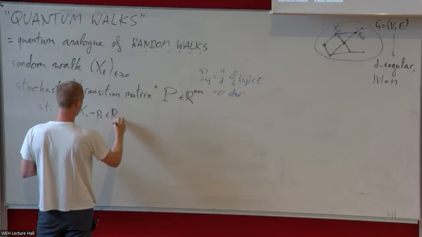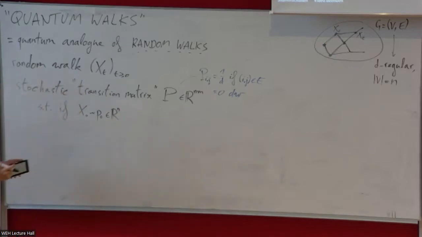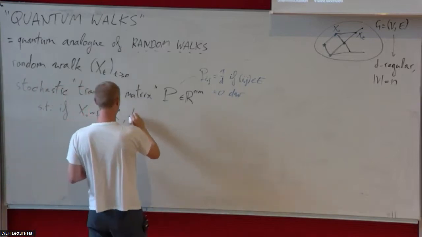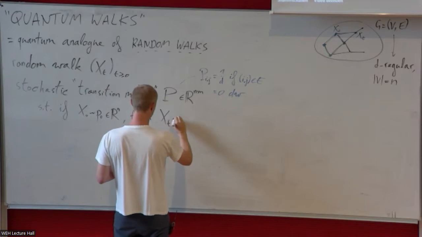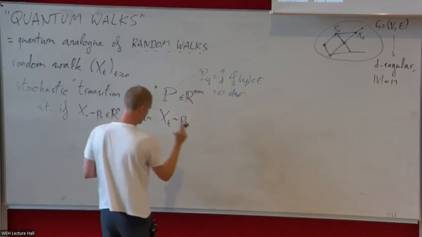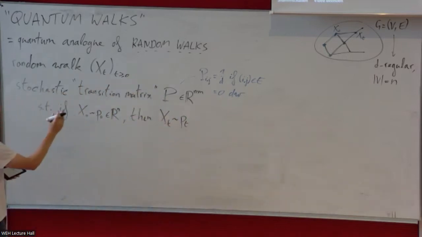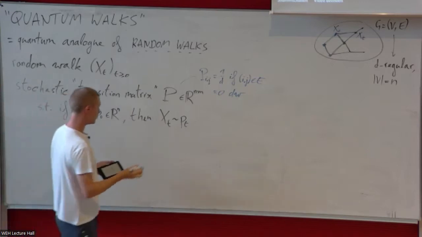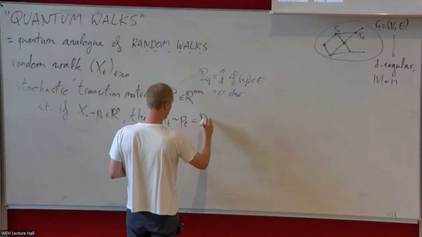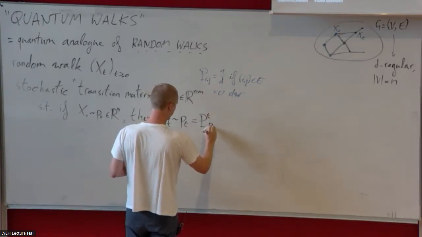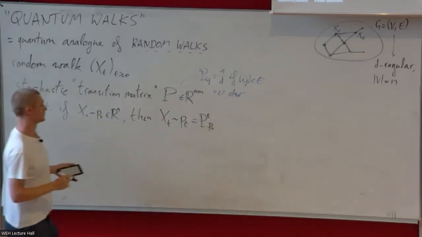So this is again a distribution over these n vertices. Then X_t will be distributed according to some distribution p_t. But this distribution will exactly be equal to P to the power t applied to p0.